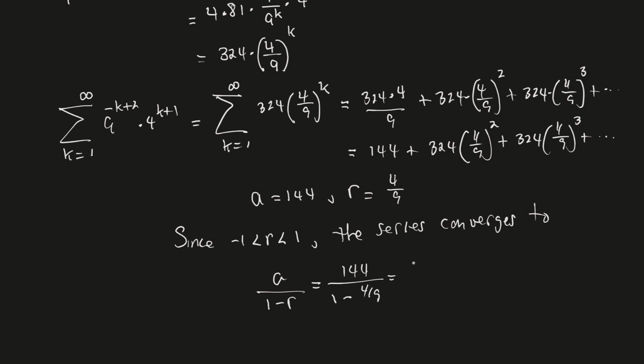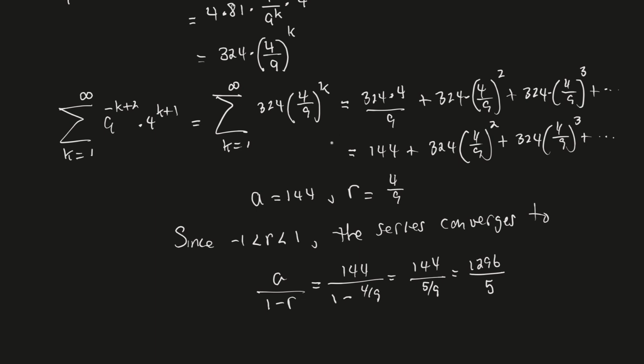So that is 144 over 5/9. So that's 144 times 9, that's 1,296, and then that's all over 5.